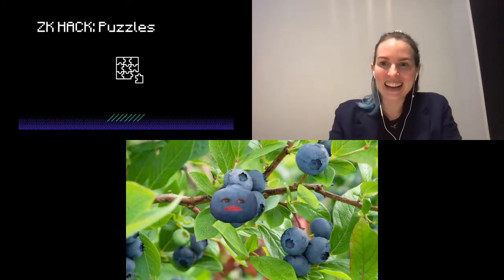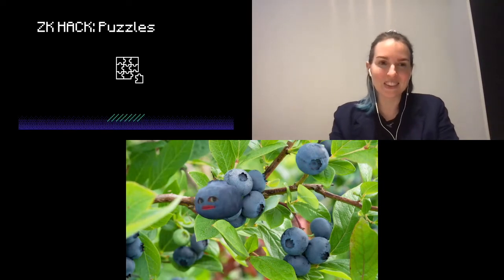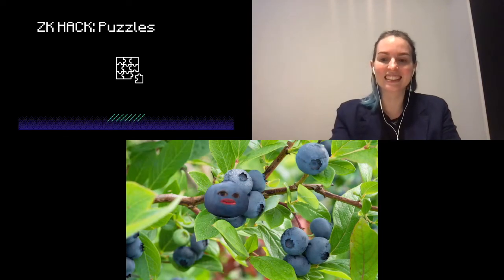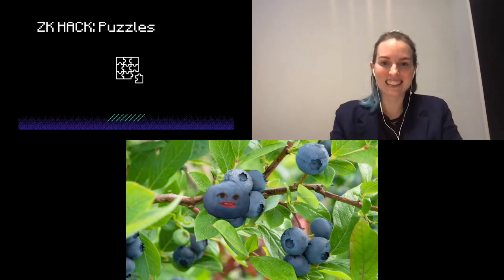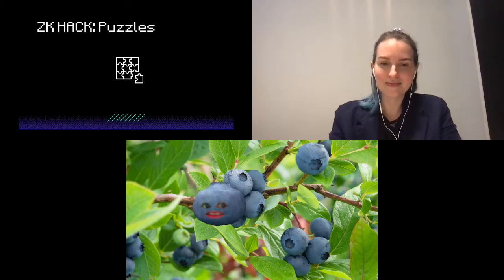So let's talk about the puzzle. The puzzle that we had this week was called Hidden in Plain Sight. As many of you have seen, the puzzle was about polynomials, and specifically hiding and blinding using polynomials. What you've seen in the puzzle is that if you query a polynomial that is hidden inadequately, too much, then you can reveal some information about the plaintext.